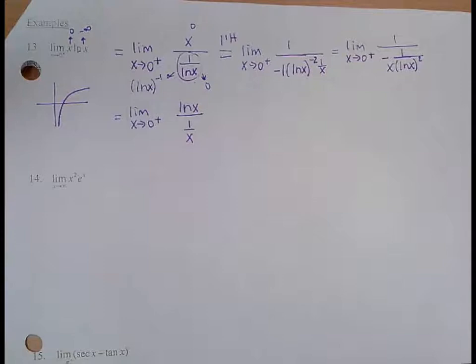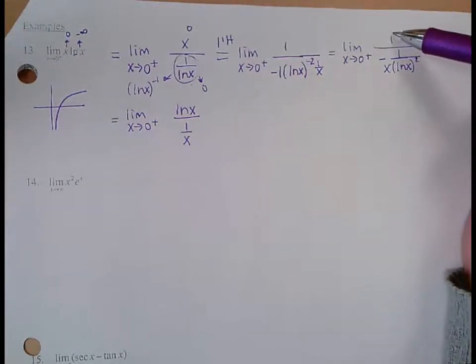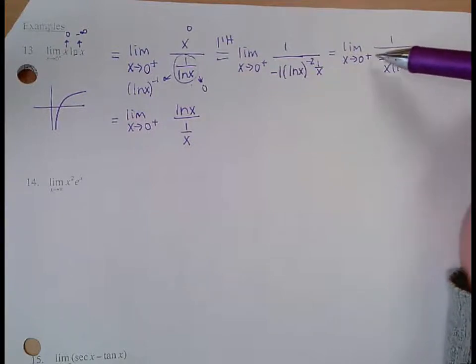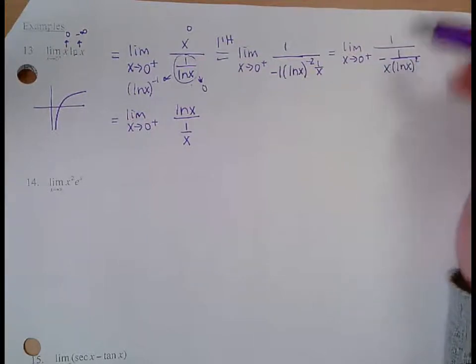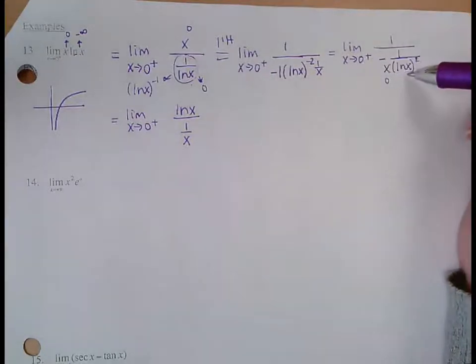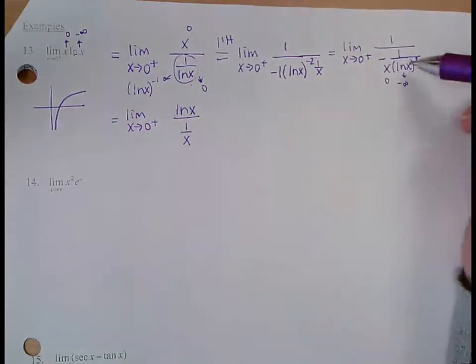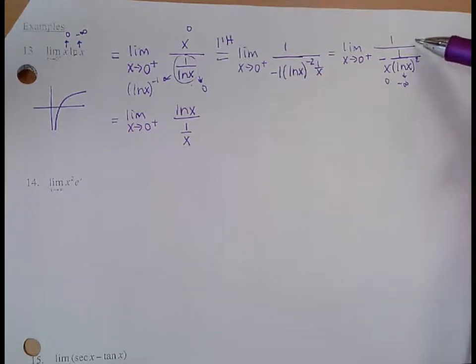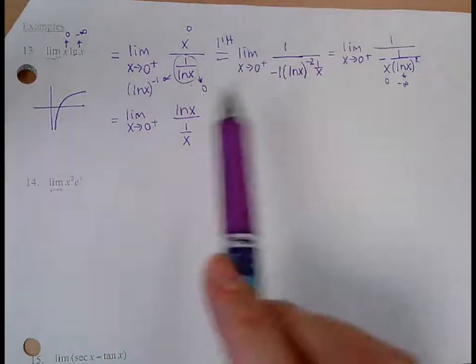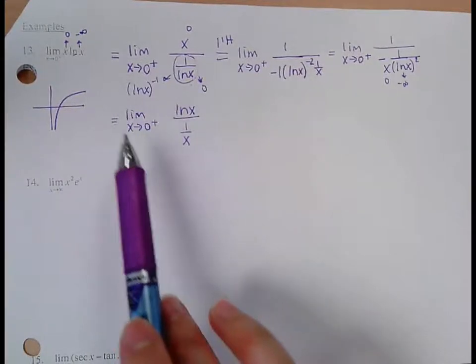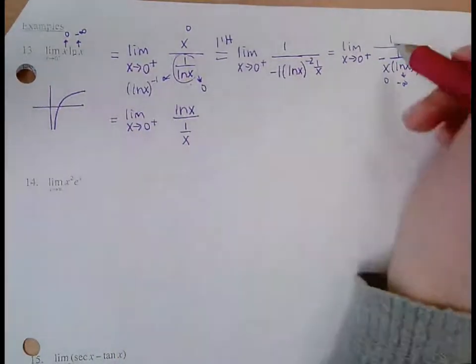Okay, so now I'm no longer going to be able to use L'Hopital's rule because my top is just 1. And I already know if this is 1, my denominator, let me see here. Even in this denominator, I have 0 times, if x is approaching 0, this is times negative infinity again. It's indeterminate again. So I got an even worse form by doing it this way. Okay, that might happen. So if that happens, try the other way. If I rewrote it this way instead. So this is not good. This was not helpful.